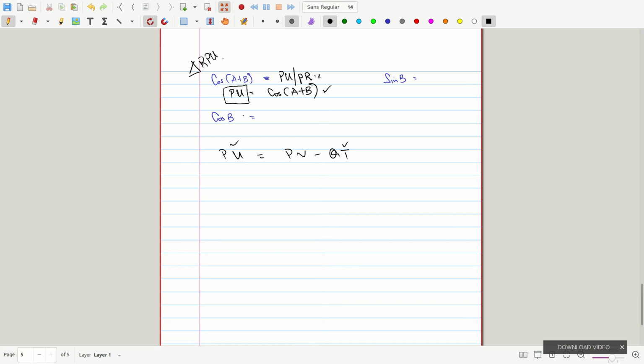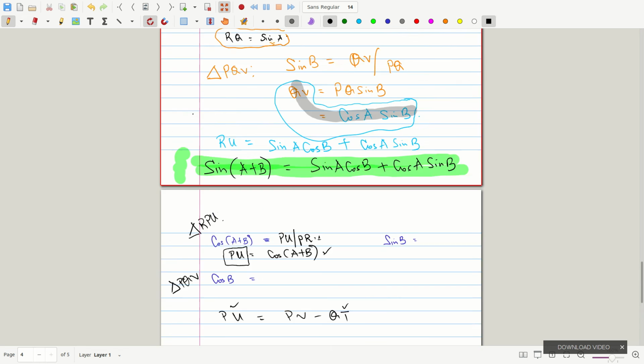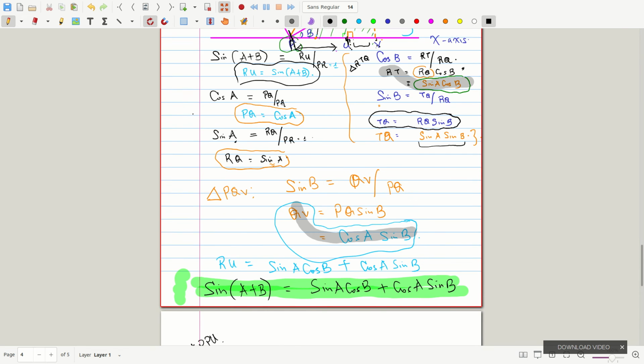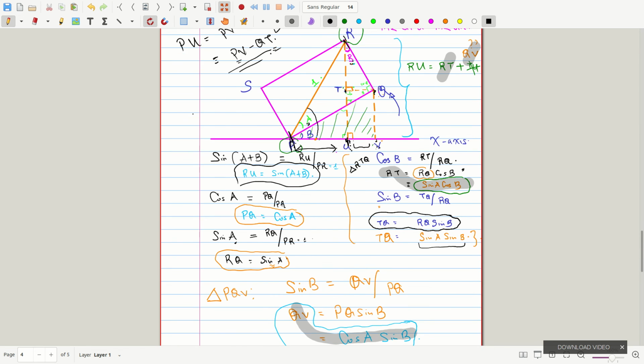PV, luckily enough, we can get from the triangle PQV. If we look at the triangle PQV, we can see that the cos of this angle B here is equal to the adjacent side, which is PV, divided by PQ, which is the hypotenuse.